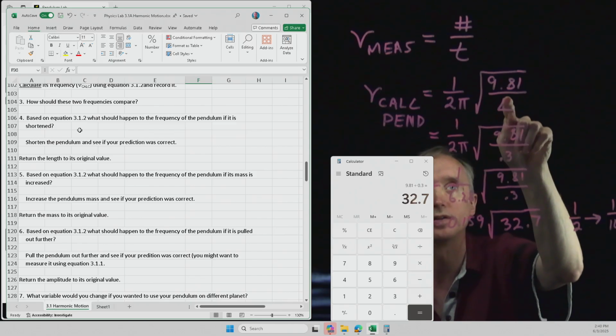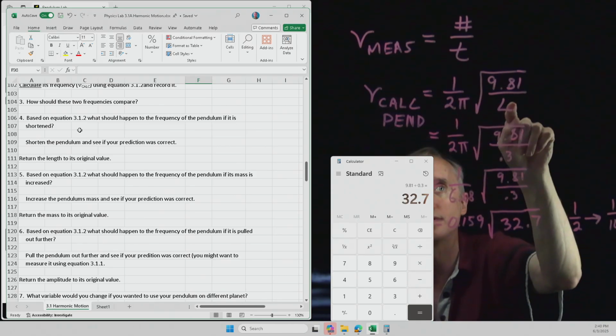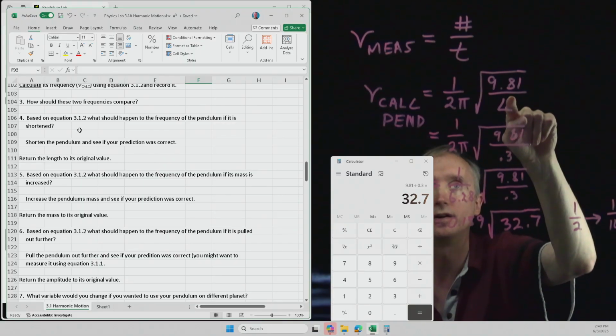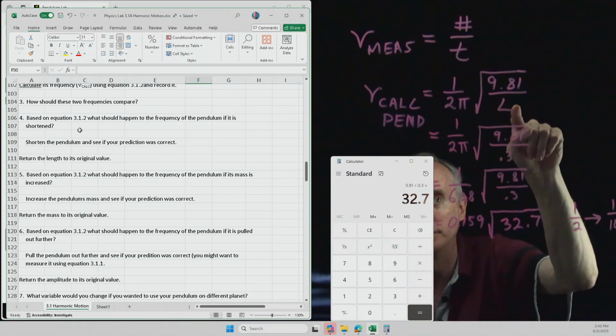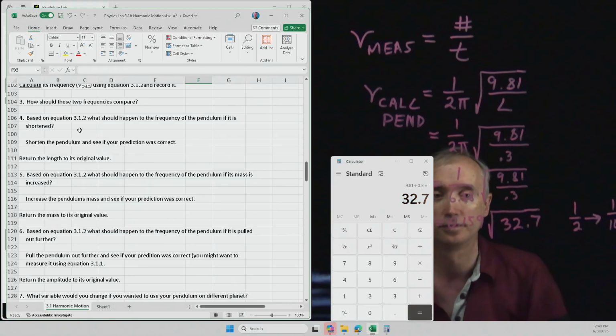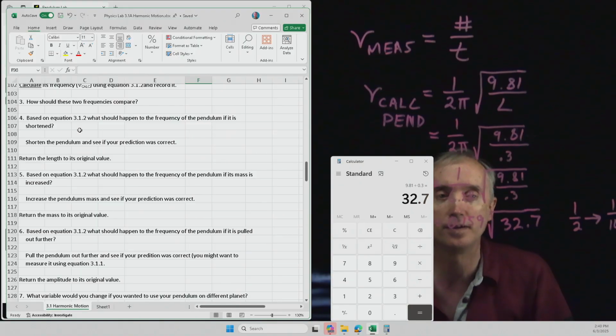So if this number gets bigger, what comes out of the formula has to get smaller because it's in the bottom part of the formula. Okay, so if it gets smaller, then what should this thing do? Okay, I won't answer it, but you go ahead and put that in the lab and then try it.